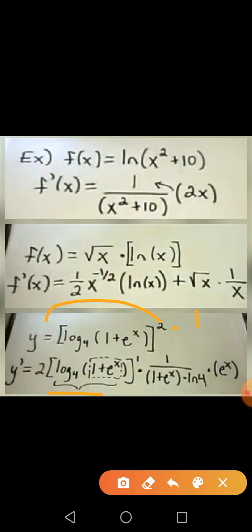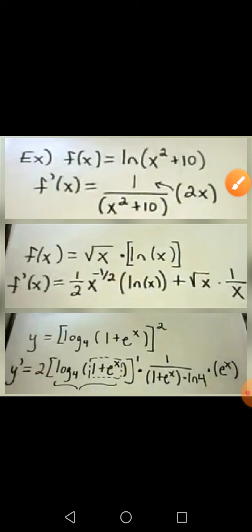Come on, what is the derivative of log base 4? As here is a function, yes, 1 over this function multiplied by ln of the base, multiplied by the derivative of the inner. The derivative of the inner will be what? 1 is 0, e to the power x will be e to the power x. You got the concept here?